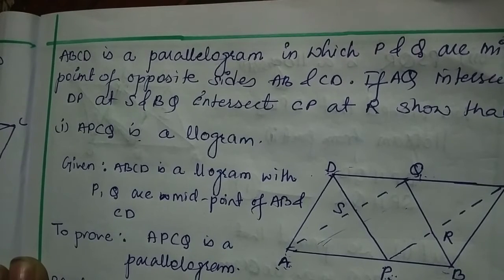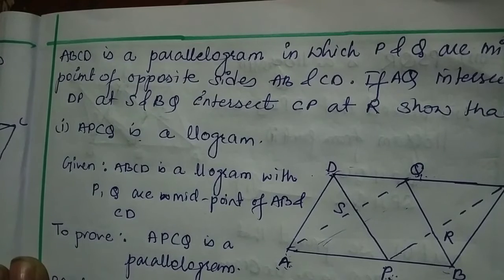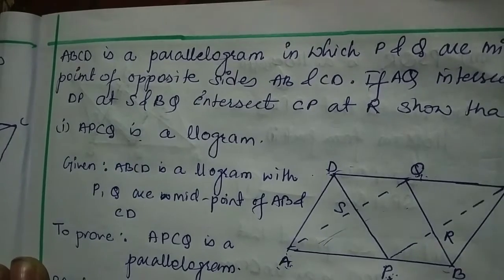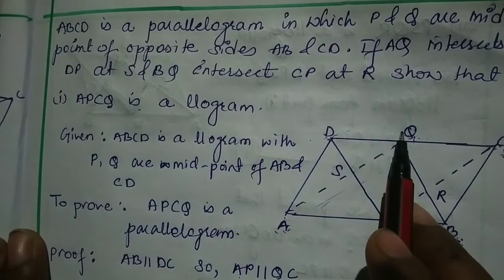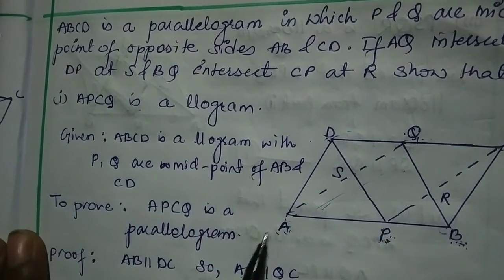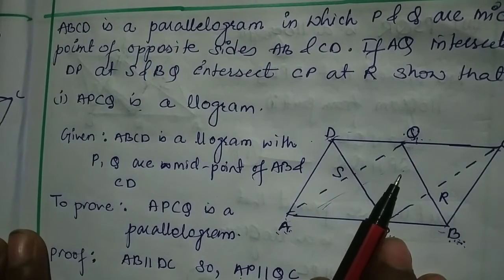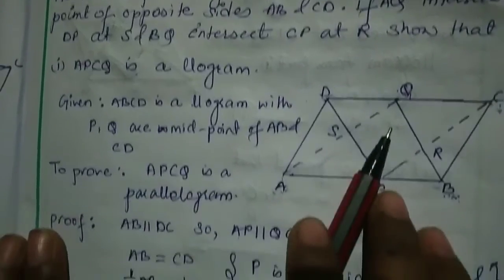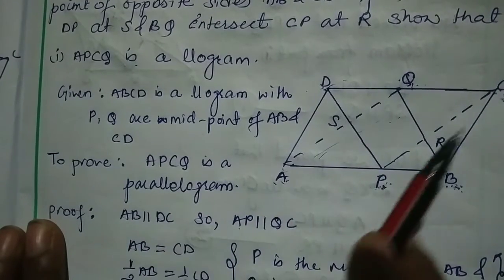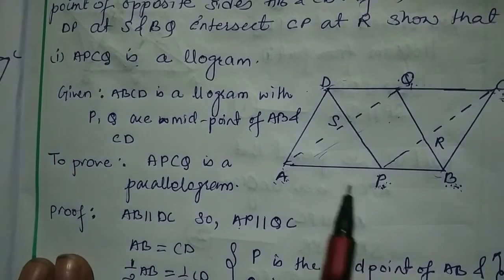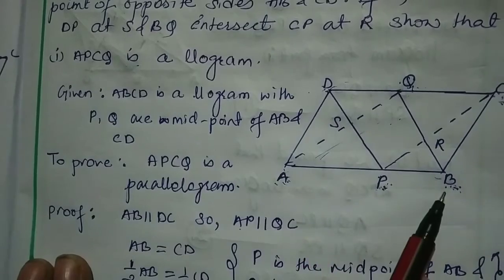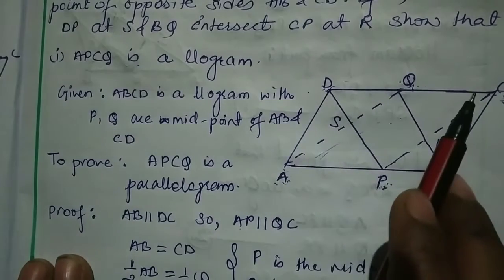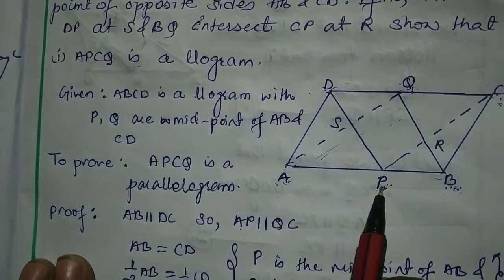AQ intersects at S and BQ intersects CP at R. In the first part we need to prove that APCQ is a parallelogram. Opposite sides of a parallelogram are parallel and equal, so AB is parallel to DC, or CD. So we get AP parallel to QC.